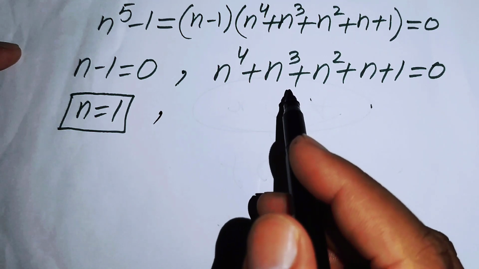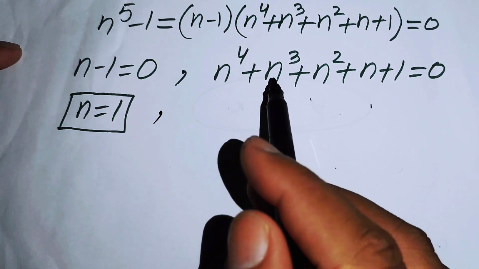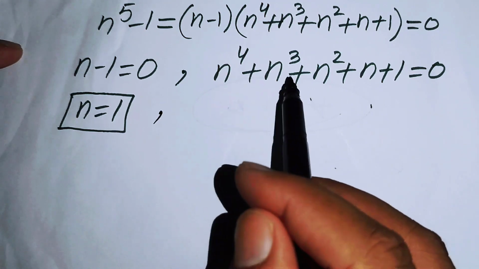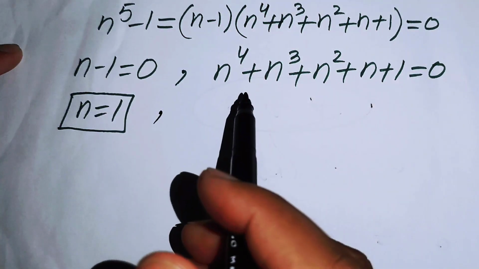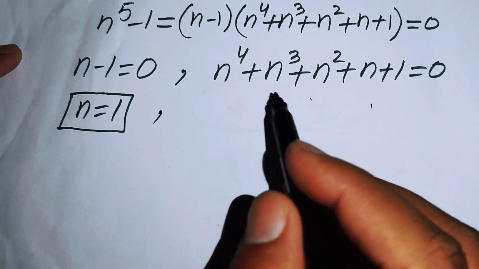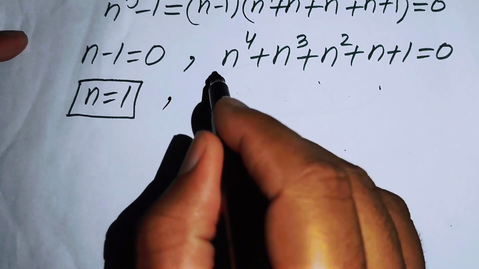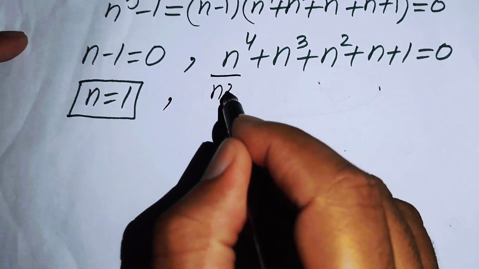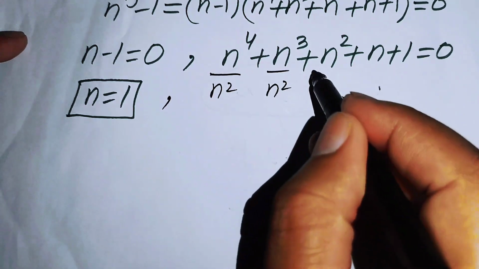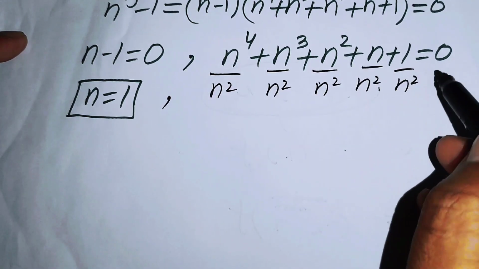A reciprocal equation is an equation in which, when you replace n by 1 over n, you again get the same equation. That is why this is a reciprocal equation, and the method to solve a reciprocal equation is that we divide each term by n squared.